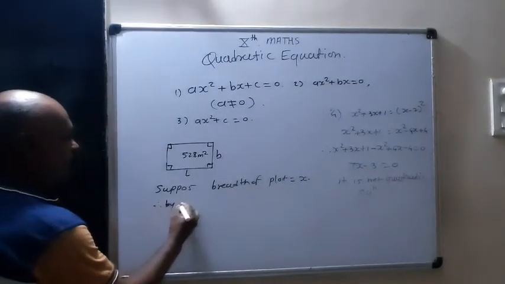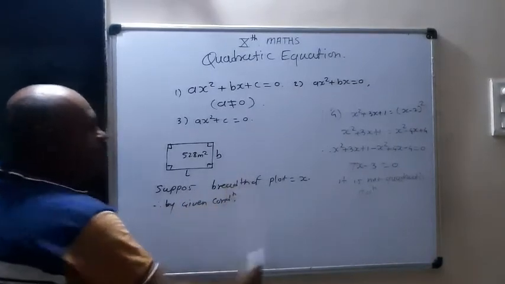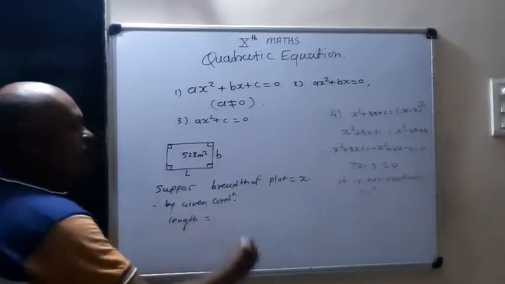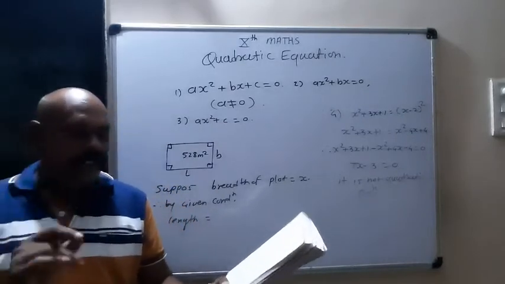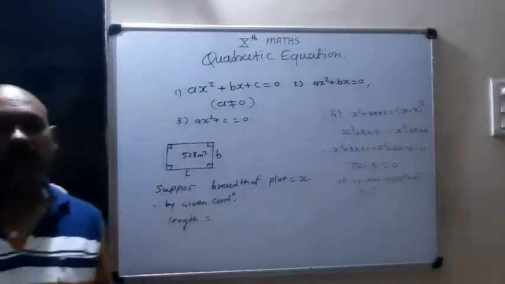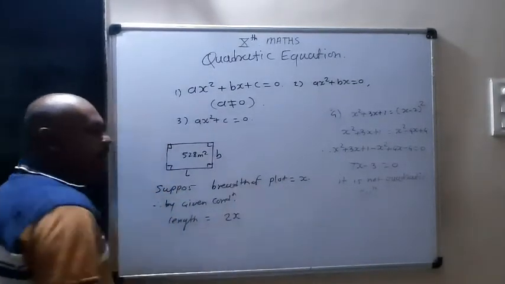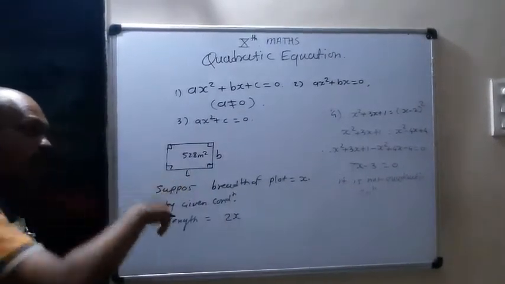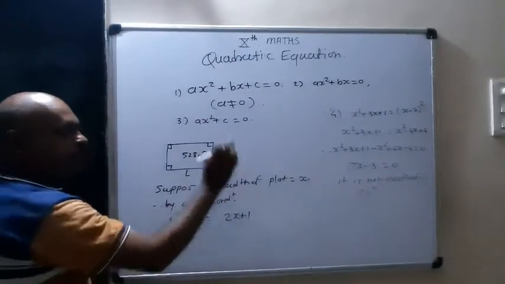Therefore, by the given condition, the length of the plot is one more than twice its breadth. That means twice the breadth, and also the length is more by 1. Therefore, length is equal to 2x plus 1.